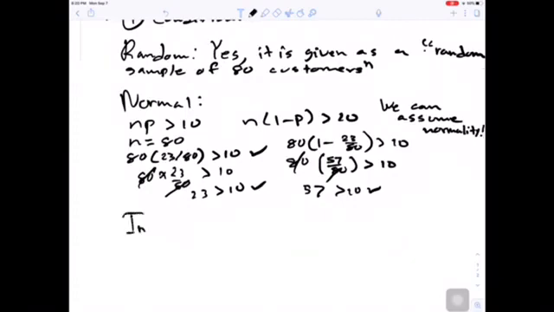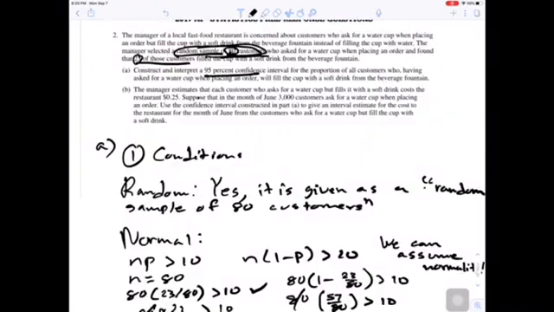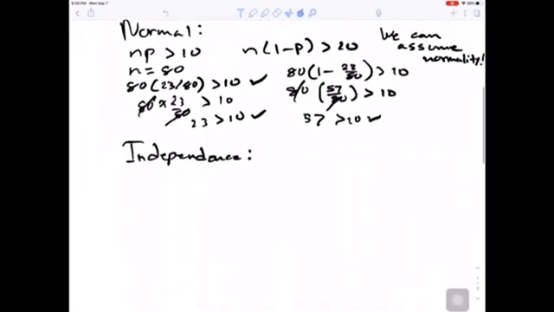In order to assume independence, we must make sure that 10 times the sample population is less than the total population. So we know 80 is the sample population.